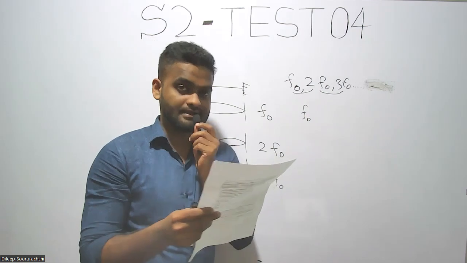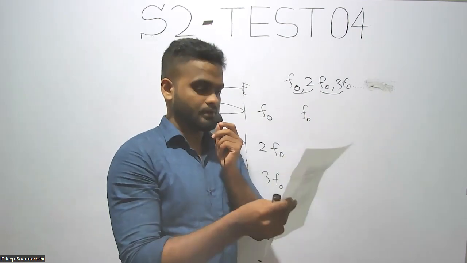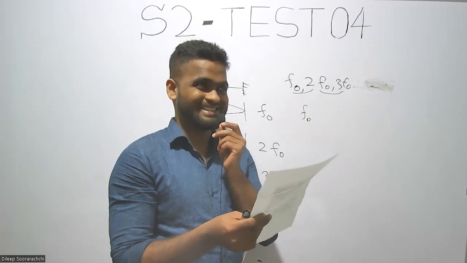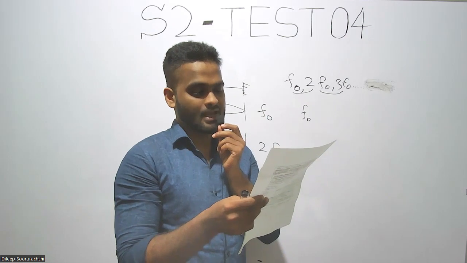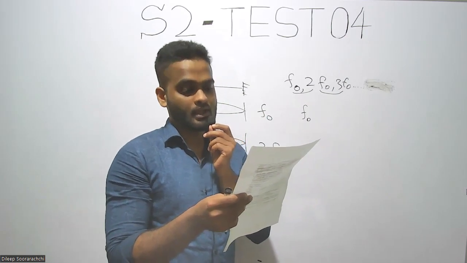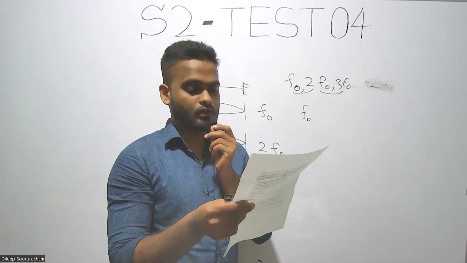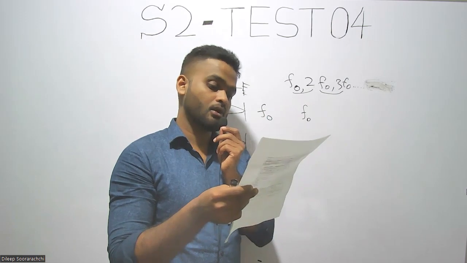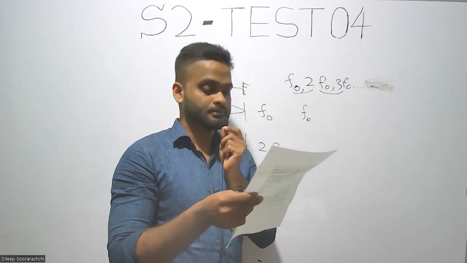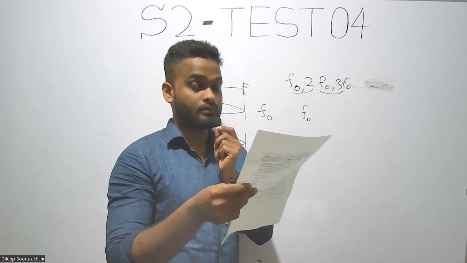If you think about the second one, the frequency difference of consecutive frequencies is 200, but the problem is those frequencies are not integer multiples of the fundamental.